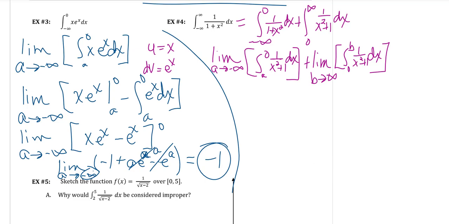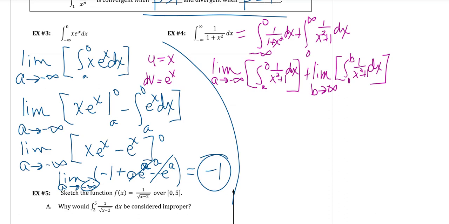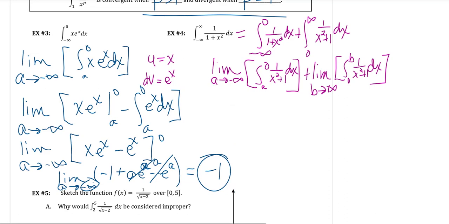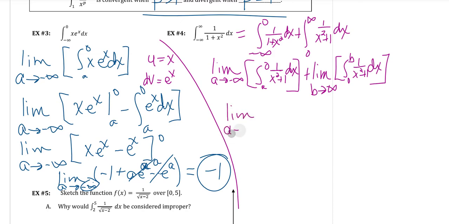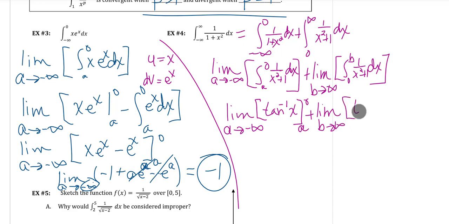Okay, so evaluating the integrals, I'm going to have the limit as a approaches negative infinity of inverse tangent of x, evaluated from a to 0, plus the limit as b approaches infinity of inverse tangent of x, evaluated from 0 to b.